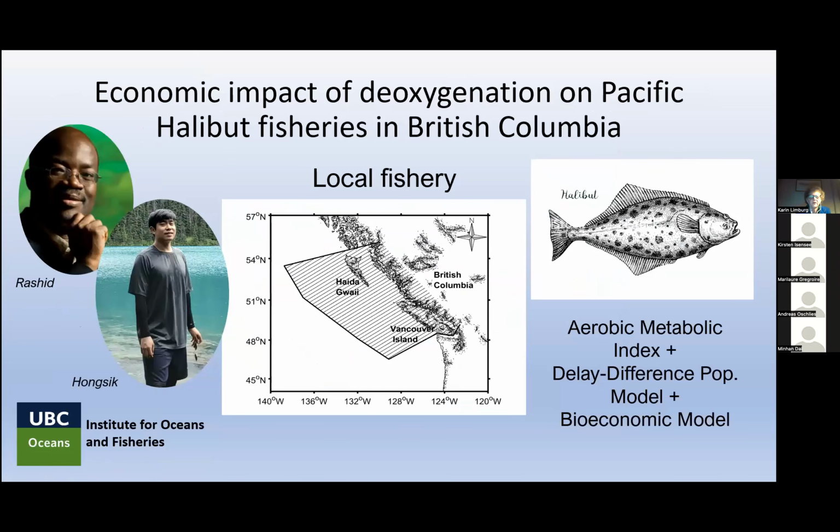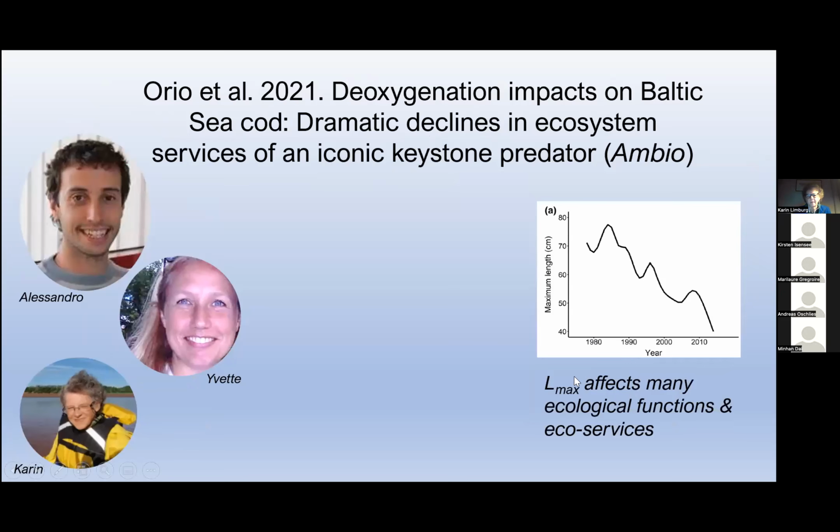But I wanted to mention our partner Rashid Sumaila, who's also part of the Global Ocean Oxygen Network, and his PhD student Hong Sik Kim are actually trying to combine fishery models and bioeconomic models to come up with economic impacts of hypoxia on a key fishery species in British Columbia on the Pacific coast of North America, a very, very important flatfish, the halibut over there. So this is again work in progress.